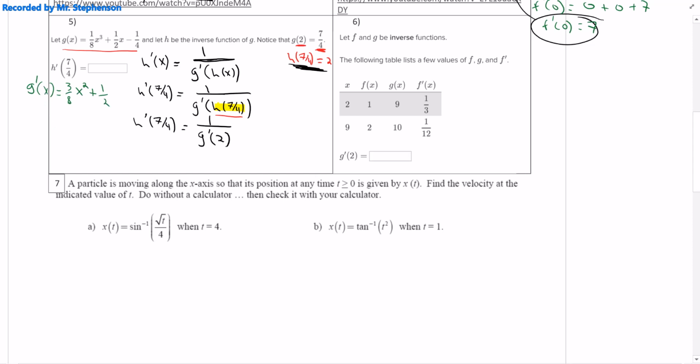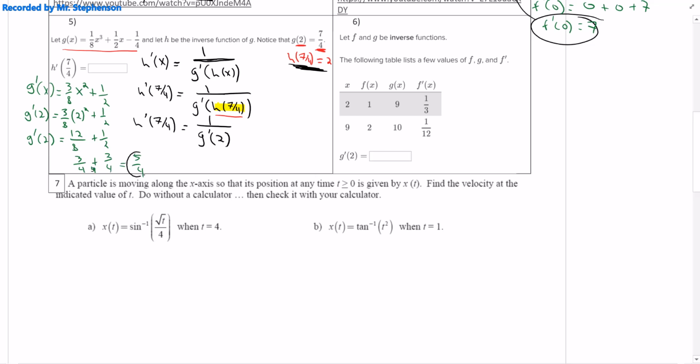Then I plug in 2: g prime of 2 is 3/8 times 2 squared plus 1/2. 2 squared is 4, so 4 times 3 is 12 over 8 plus 1/2. 12 over 8 simplifies by dividing top and bottom by 3, so I get 3 over 4 plus 2 over 4, since 1/2 is 2 over 4. That gives me 5 over 4.